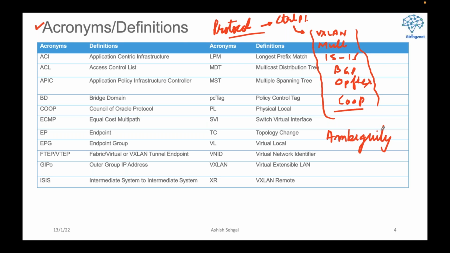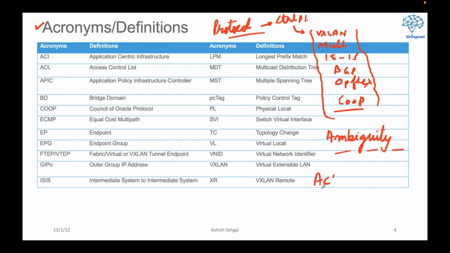Talking about so many control plane protocols, and then you are saying that you need not configure them. So there comes an ambiguity. So dear friends, don't worry, there will not be ambiguity because we are going to understand the functionality of each and every protocol. And you know what?